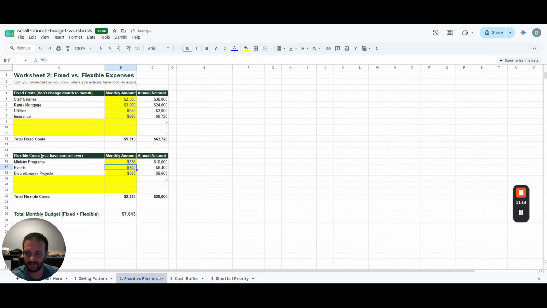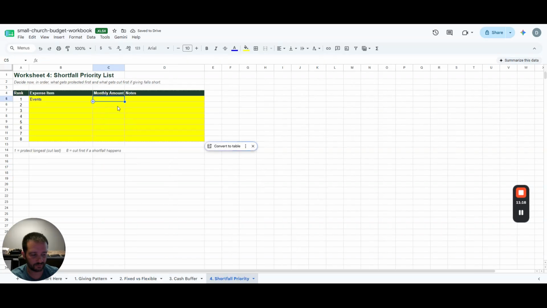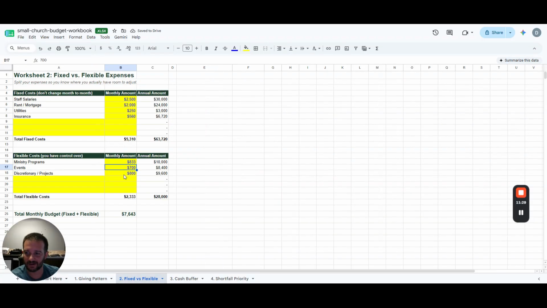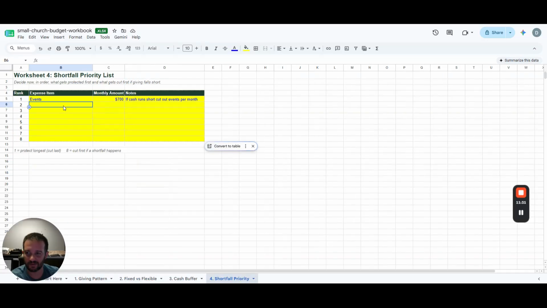And then the monthly amount, that was $700. If cash runs short, cut out events per month. And the next thing, discretionary / projects, and that's when we'll take out the discretionary part. And that was $800.